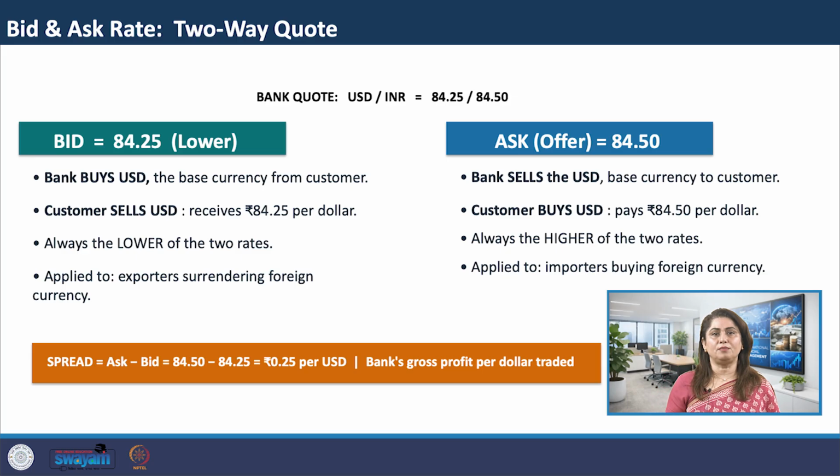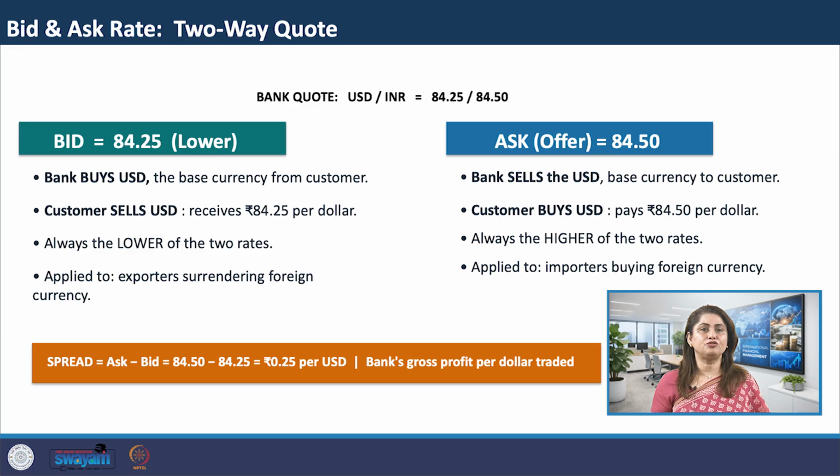You see the two numbers, you decide whether to transact, and you transact immediately. The bid is equal to 84.25. This is the left number, always the lower one. What does it mean? The bank will buy USD at 84.25 rupees per dollar. If you are a customer coming to sell dollars, you are surrendering dollars to the bank.